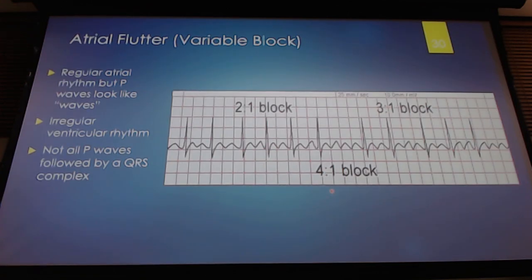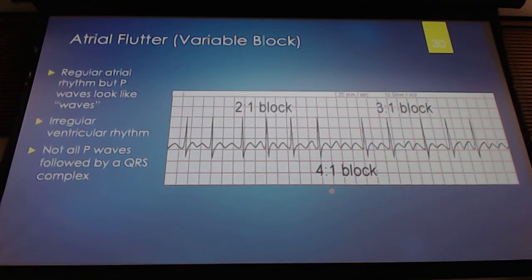Okay, and then we're back to atrial flutter, only now, instead of having this consistent depolarization, maybe every 2 waves, maybe every 3 waves, now it's variable. Okay, we still have those flutter waves, but now we're going to have a narrow complex, irregular tachycardia because we're having variable blocks.